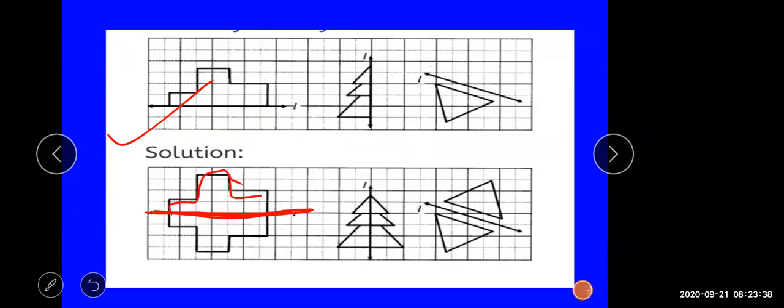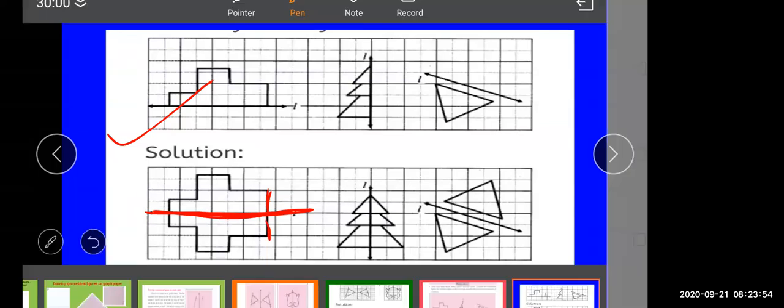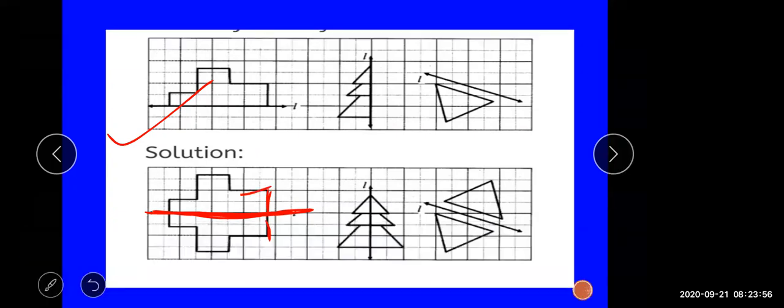So what we have to do is draw the same diagram on the below side. First of all, start from here. Take this much line on the downward side, or below side. Now here, this line is on the left side, so we have to draw this line on the left side.